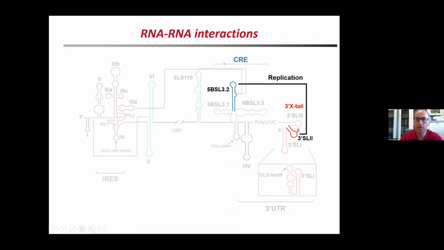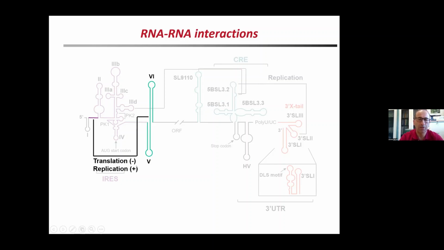The work done by other groups demonstrated that this structural unit is also involved in this interaction that is required for replication. Another interaction with this other structural unit was also involved in replication, and for example, this other interaction has been related with translation and replication.